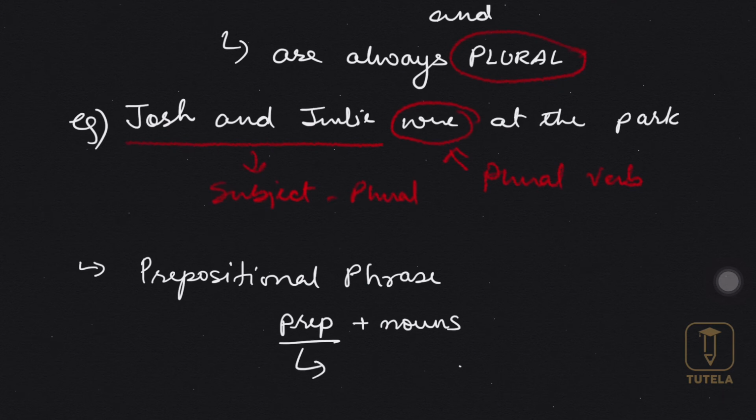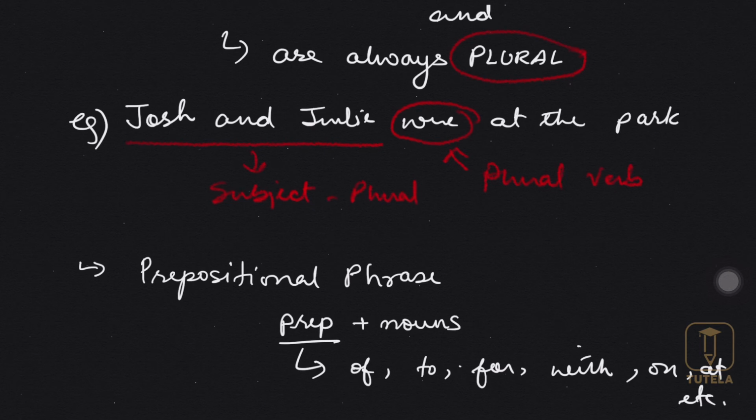Prepositions are usually short words, and they are normally placed directly in front of nouns. You'll find a preposition adding meaning or helping us to link nouns or pronouns or phrases together. But they are different from conjunctions, of course. Now, common prepositions that are used are words such as of, to, for, with, on, at, etc.